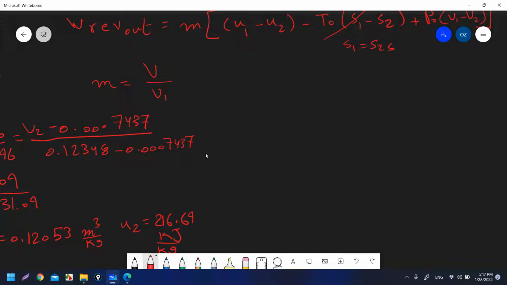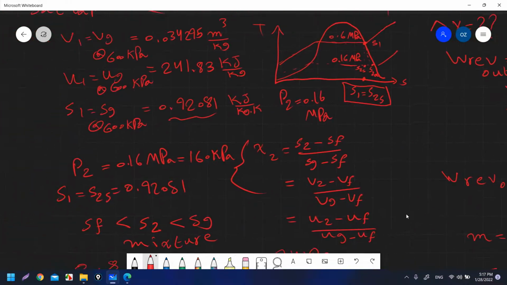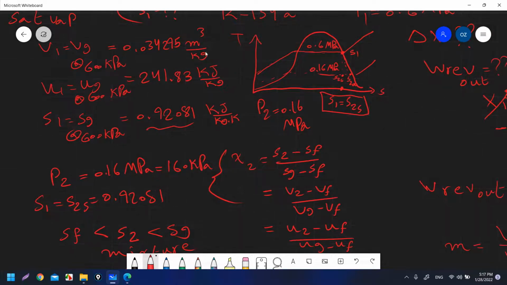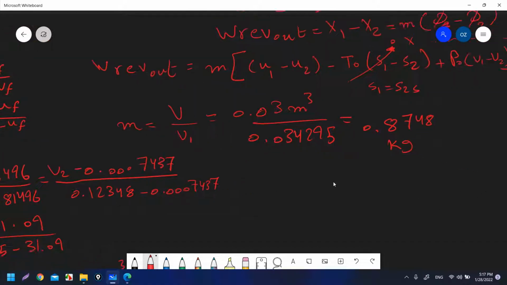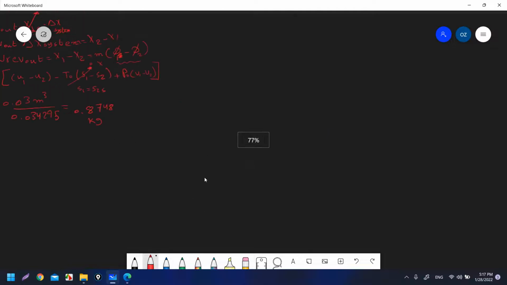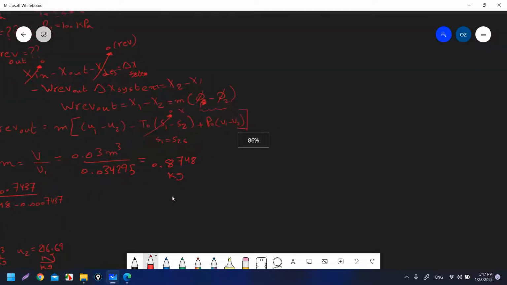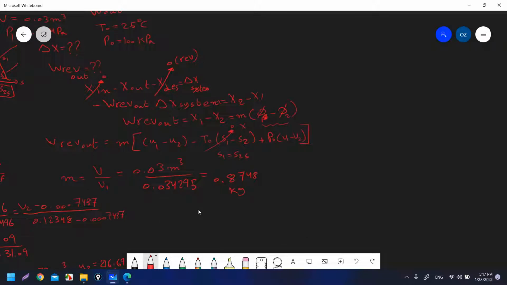For the mass, the volume was 0.03 meter cubed, and V1 we calculated here, 0.034295. The mass will be 0.8748 kilogram. Then I will substitute in and find the reversible work.